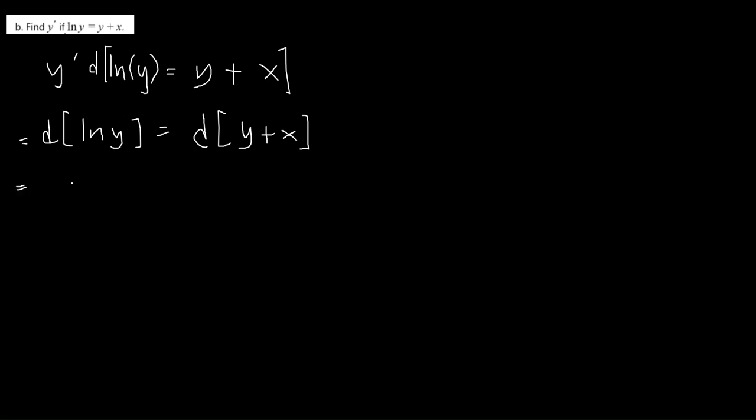Now step 2, find the derivative of the individual things. Remember that the derivative of ln x is 1 over x times the derivative of x. So that's essentially the same as this.